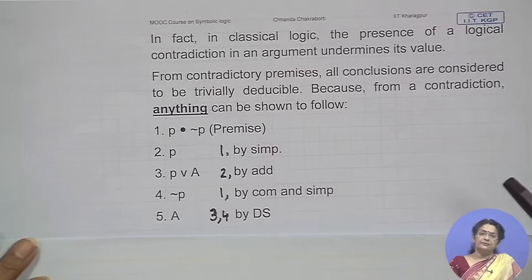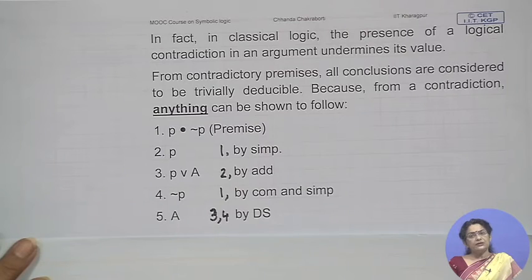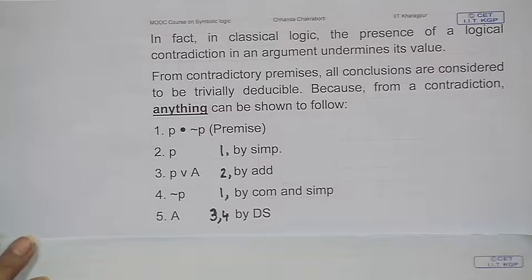A. So, in a way, from a contradictory set of premises, you can show the derivation of any conclusion of your choice. So, from a contradiction anything follows, which is why it is not desirable that your premises have inconsistency, or any logical self contradiction contained in them.